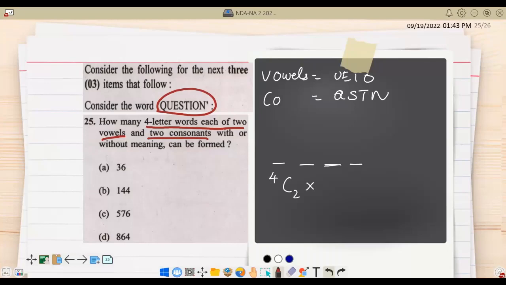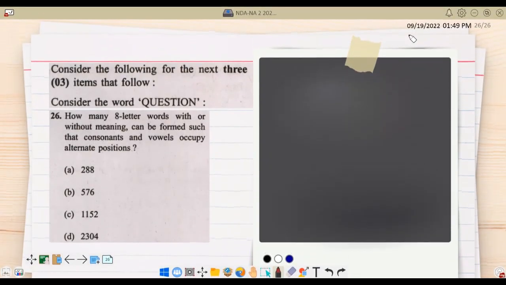And for consonants, we need to select 2 from Q, S, T, N. So from U, E, I, O, we have to select 2, and from Q, S, T, N, we have to select 2. Then these 4 letters can arrange themselves in 4 factorial ways. So the answer is 4C2 into 4C2 into 4 factorial. So the answer is 864.